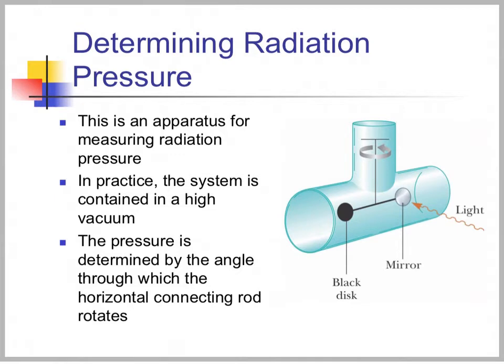Then as light comes in and shines on the black disc and the mirror, and the black disc absorbs the light and the mirror reflects the light, so the pressure is going to be twice as high on the mirror as it is on the black disc. And knowing the area of the discs, we can determine the angle through which this connecting rod rotates, and we can determine the radiation pressure.